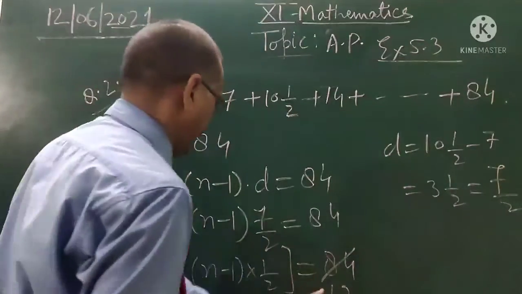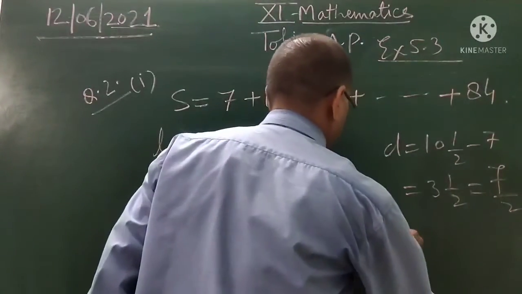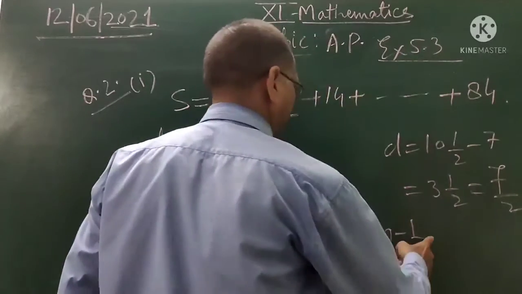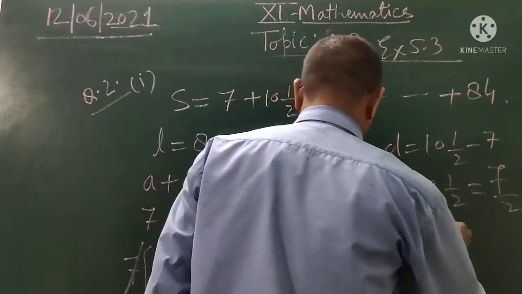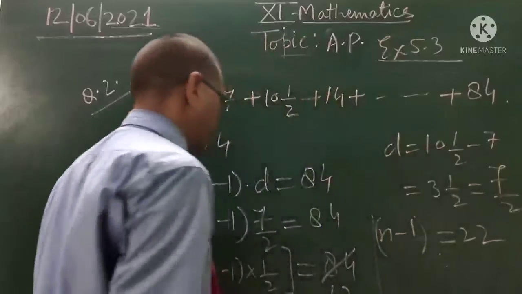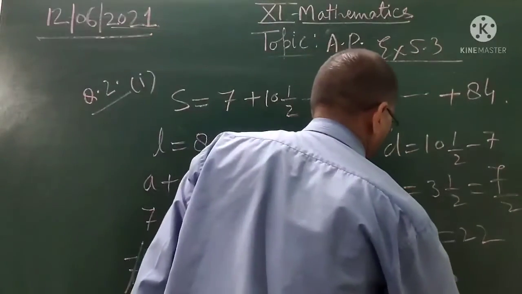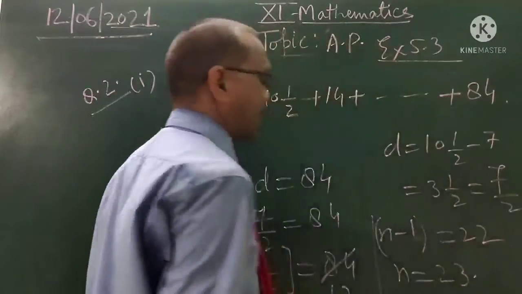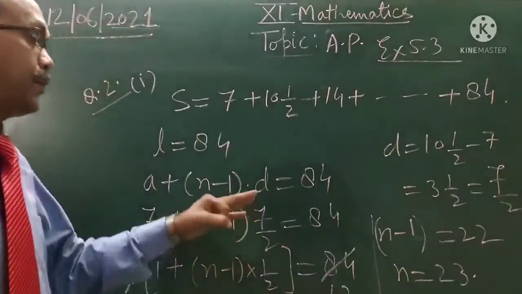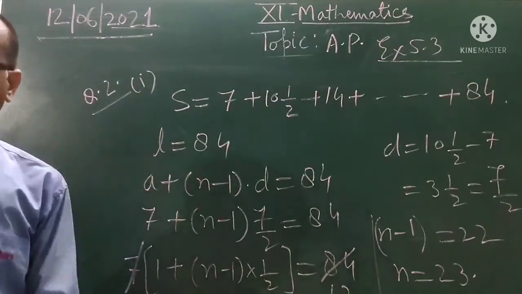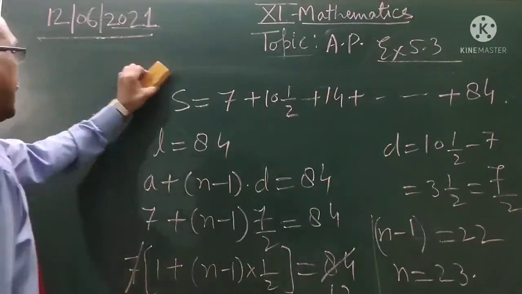Subtract 1 here. Then (n minus 1) upon 2 equal to 11, so n minus 1 equal to 22. Cross multiply. Then n equal to 23. There are 23 terms. We have to find Sn.